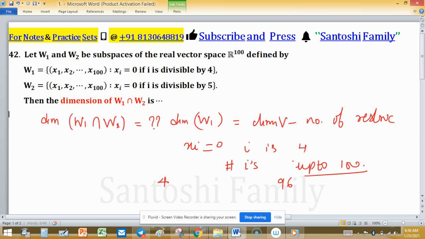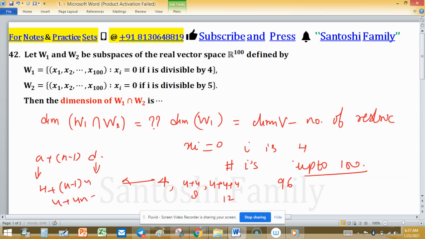So divisible by 4 means the next term will come by 4 plus 4, that is 8, then 3 times 4, 12. This is an AP, an arithmetic progression. So how many terms are there? You can find the number of terms by a plus (n minus 1) into d, because we know the first term and the common difference. This is 4 plus (n minus 1) into 4, 4 plus 4n minus 4, equal to 100.